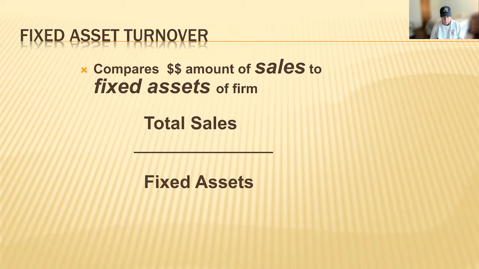So you're then having a ratio to see how much sales dollars are created by comparing it to the fixed assets. So in this case, it would be $1 million over $2 million, which is essentially 50 cents on a dollar being supported by those fixed assets.